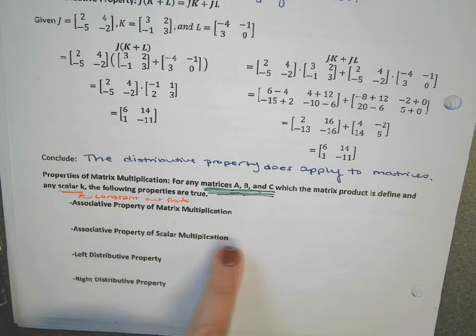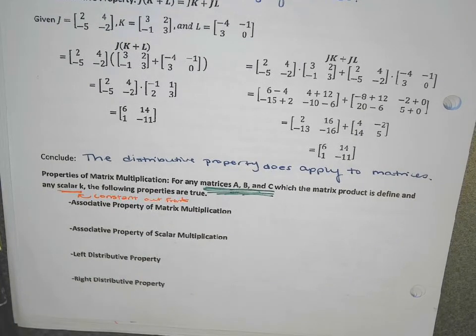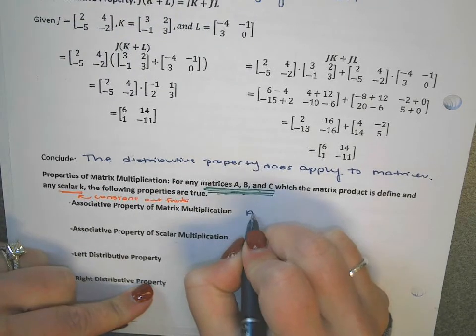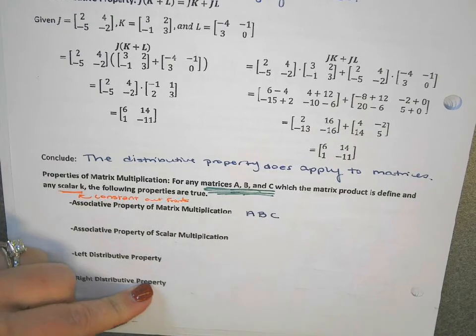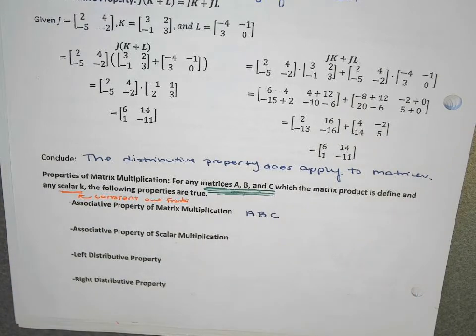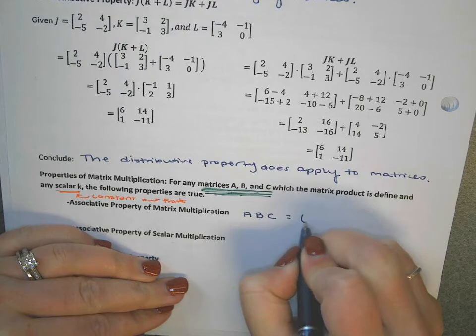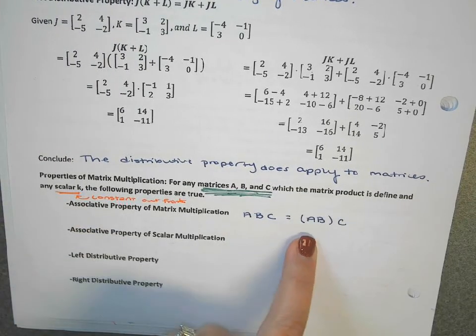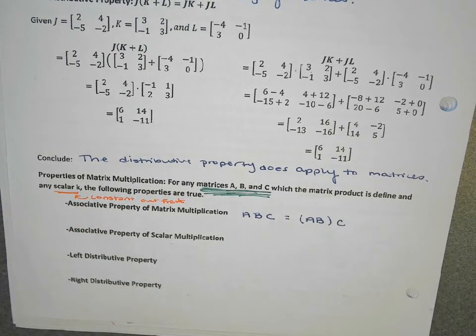The associative property says that you can group different things together. So for instance, if I was doing this with multiplication and I said to multiply A times B times C together, those are three matrices being multiplied together. I could choose to multiply A times B and then take that answer and say that times C. I could do it that way.